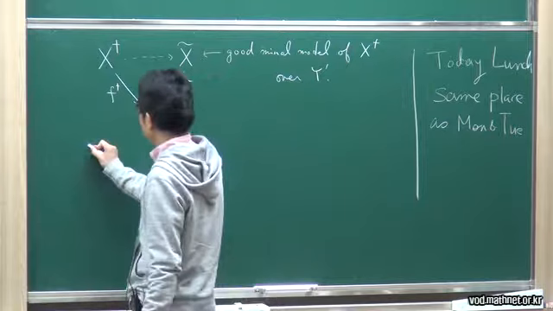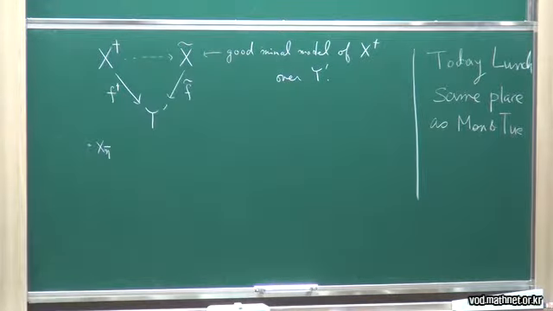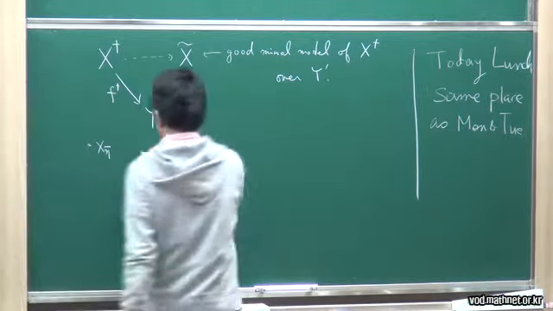By assumption, the geometric generic fiber of f: X to Y has a good minimal model.